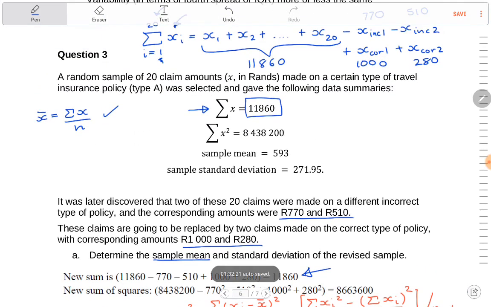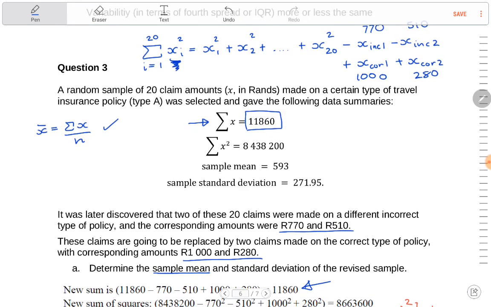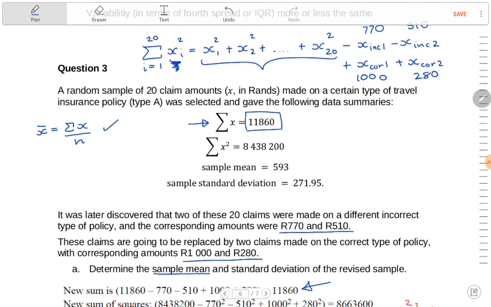And then for this notation with the x squared, it's going to be quite similar. What they mean here is that you once again take that and repeat it, and keep changing the i. So it's x1 squared, x2 squared, up to x20 squared. But in here you've included all 20, including the wrong ones.